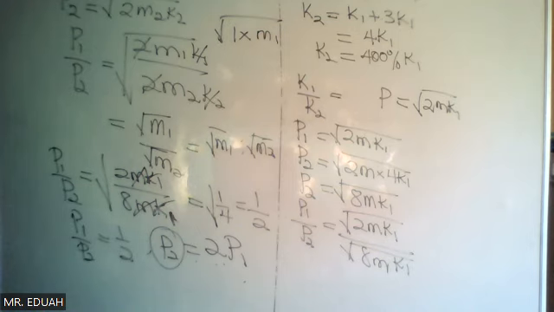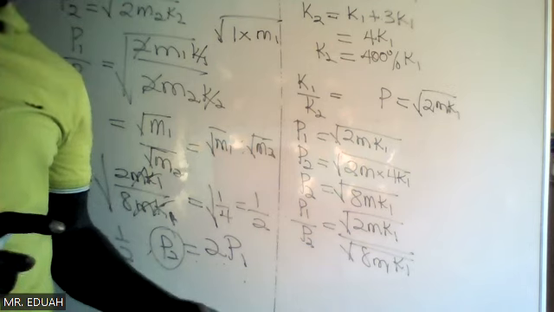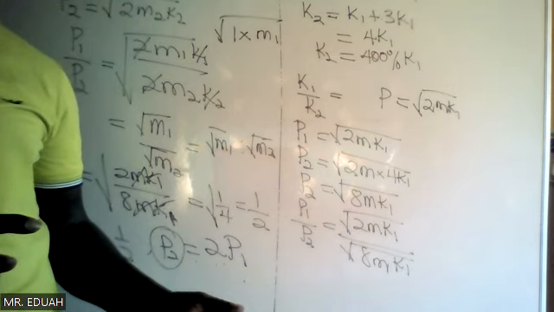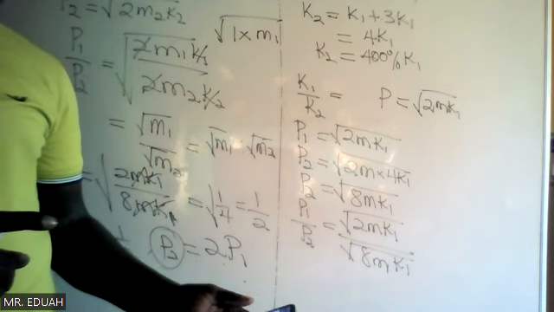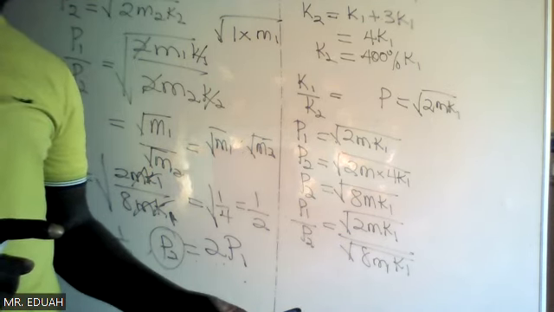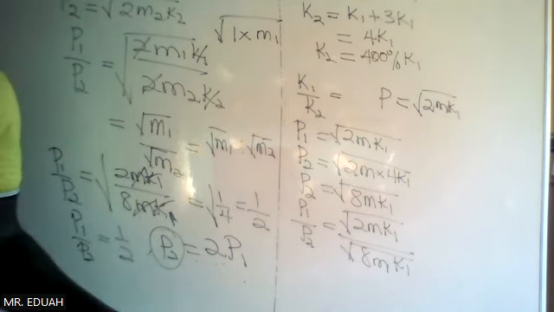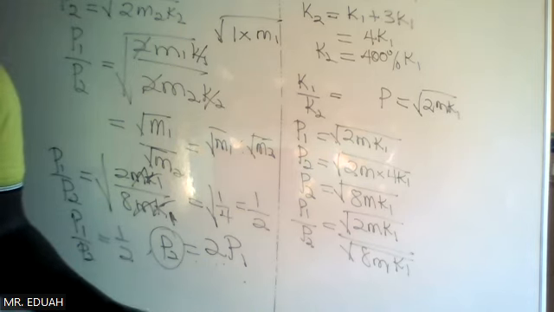Okay, question 8. I want you to try question 8 because it's similar to question 7. If the momentum of a body is increased by 50%, its kinetic energy would increase by what percentage?